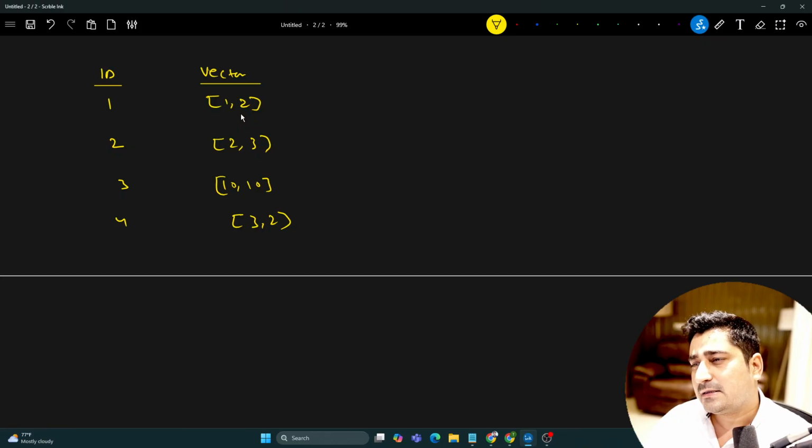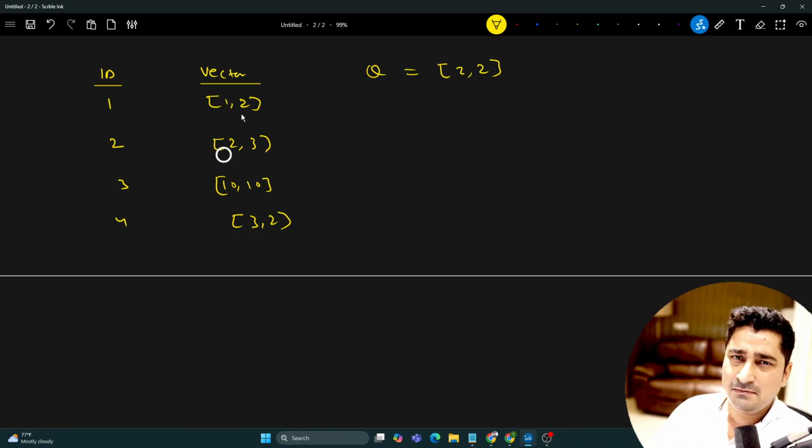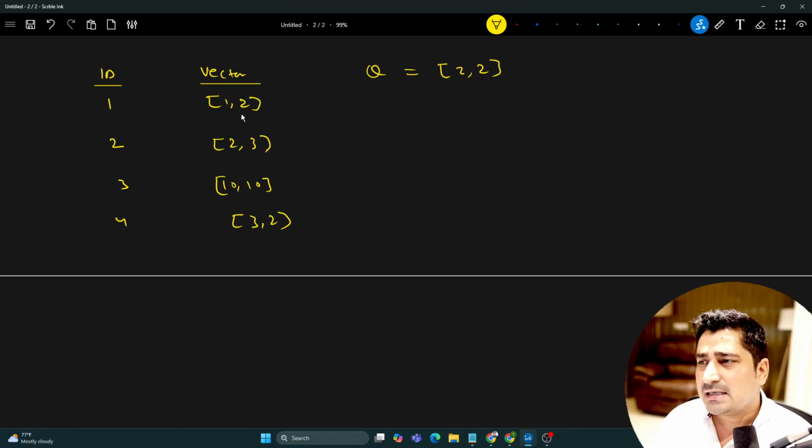Then someone is trying to query with this particular vector, 2 comma 2. Whenever someone queries with 2 comma 2, obviously it should search inside the entire vector information which I am trying to store, and it should always give me similar data which is very close or very similar to the query or the question which I am trying to ask.